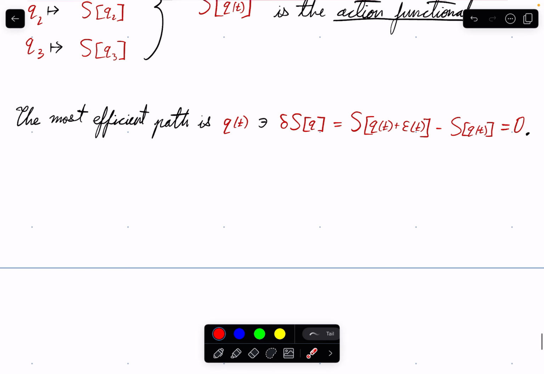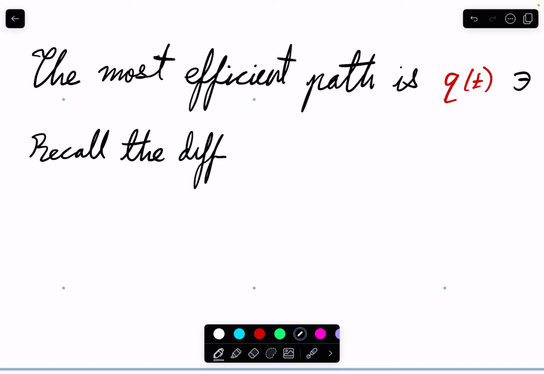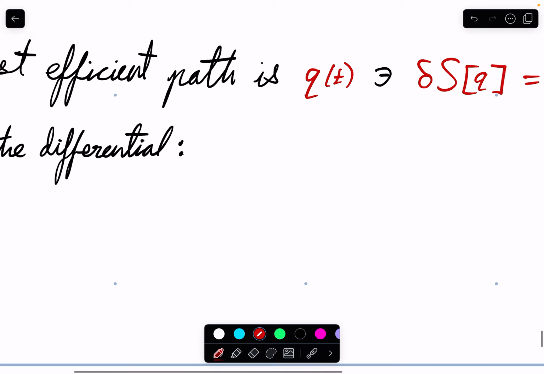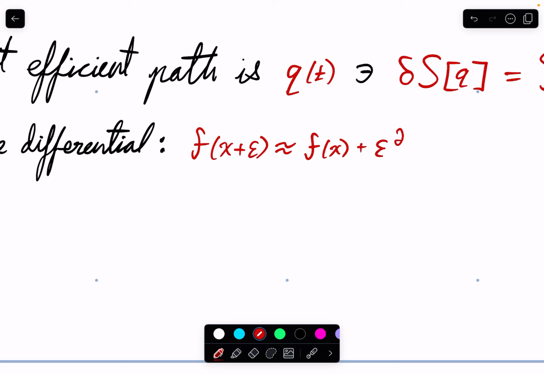So, we've talked about this before, but just recall the differential. For a function, if you have f of x and you add an infinitely small value, then this is approximately equal to f of x plus epsilon, the small change, times how much f changes in the direction of x.